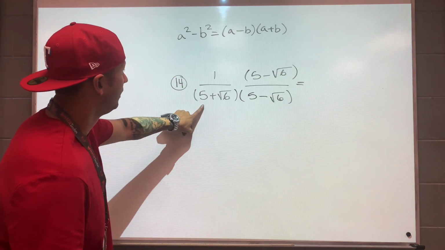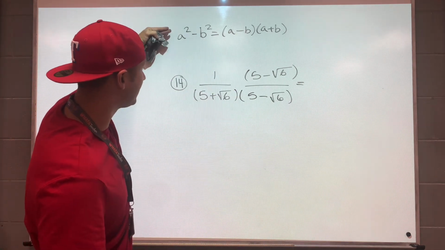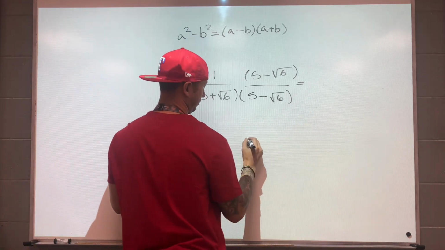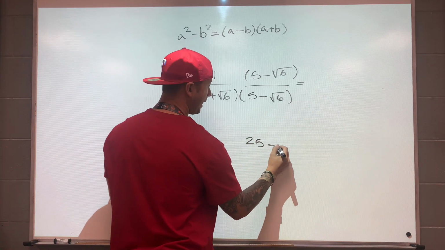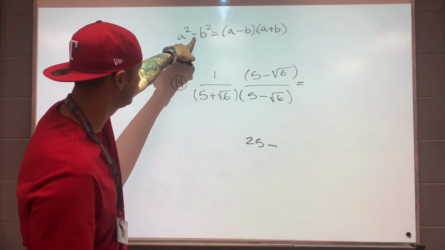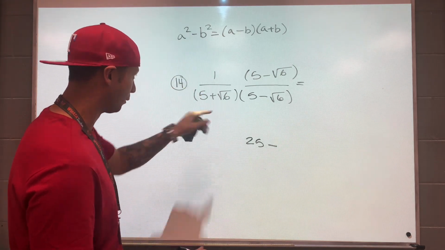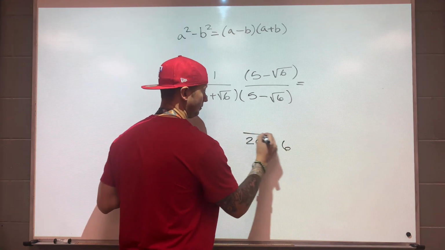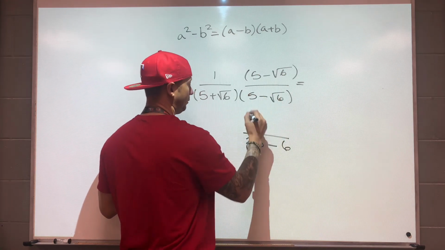All right, 5 times 5, I'm applying this idea. 5 times 5 is 25. Minus, always minus. Root 6 times root 6 is just 6. And then 1 times the numerator.